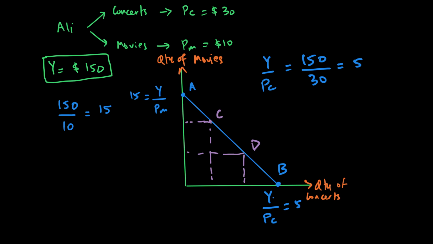For example, one combination could be 12 movies, which would mean 12 times 10, or $120, and one concert. Another value could be 6 movies, which means 6 times 10 is $60. So I'm left with 90. 90 would make me buy 3 concerts.